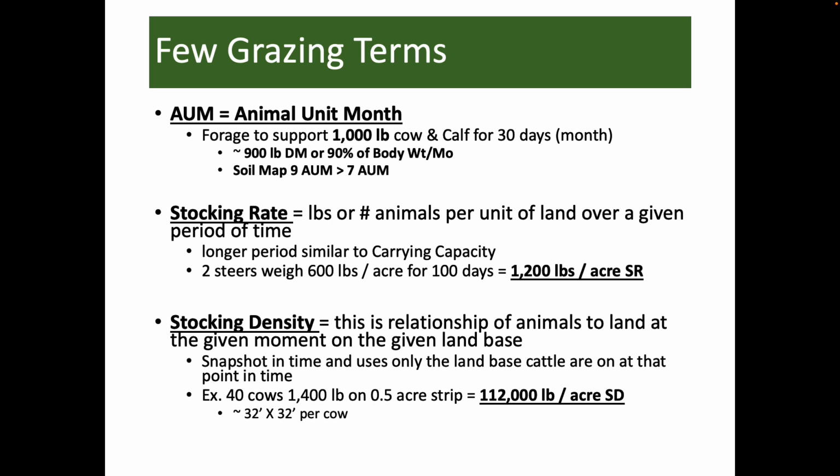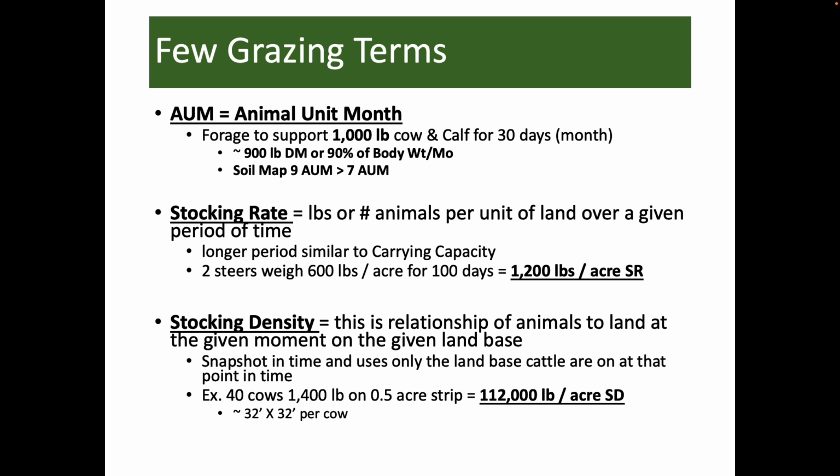Our animals have gotten much bigger, so today we figure a mature cow weighs about 1,400 pounds. Thinking about it from that perspective, that's 1.4 animal units per cow. Everybody clear with that? For mature sheep, it used to be, I think, 5 ewes would have been equivalent to 1 animal unit, which was about 200 pounds.